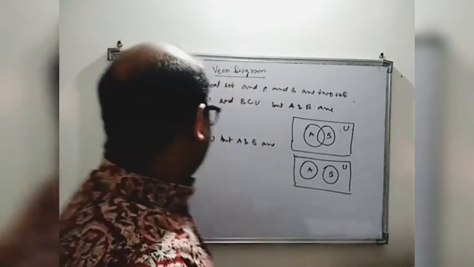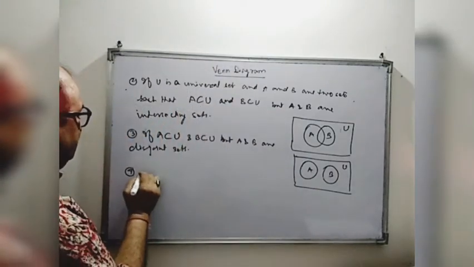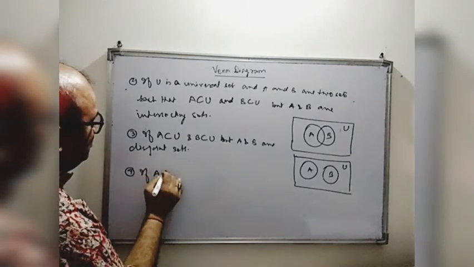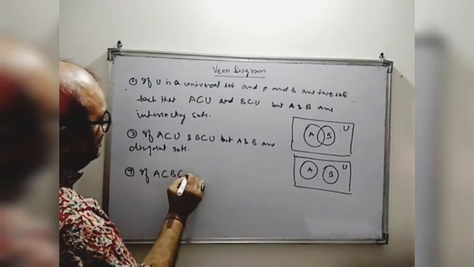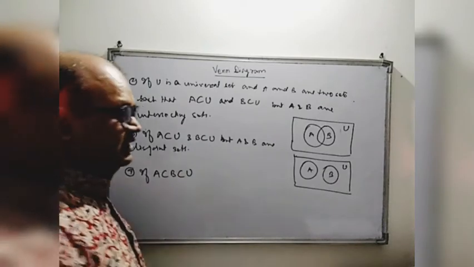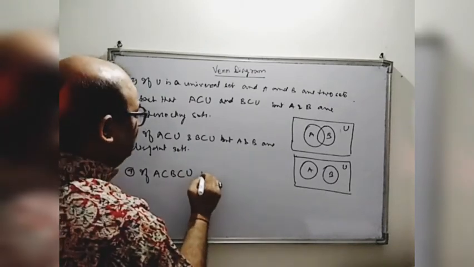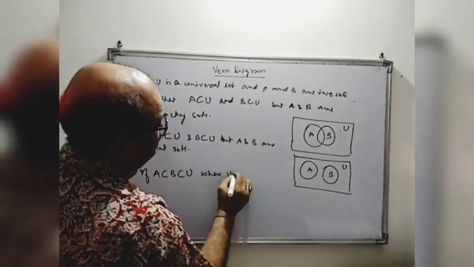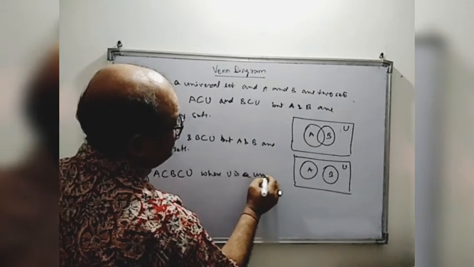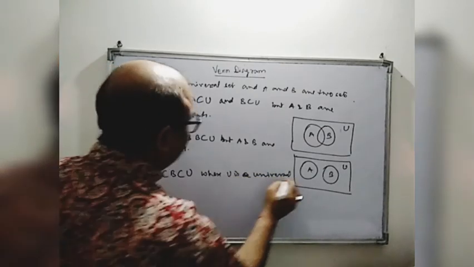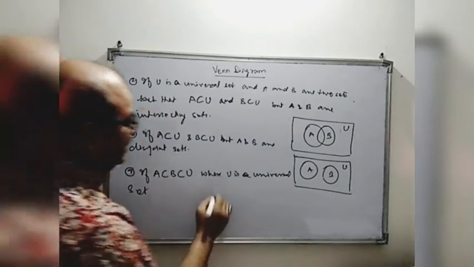Now, next is, if A is a subset of B and B is a subset of U, where U is a universal set, then we represent it like this.